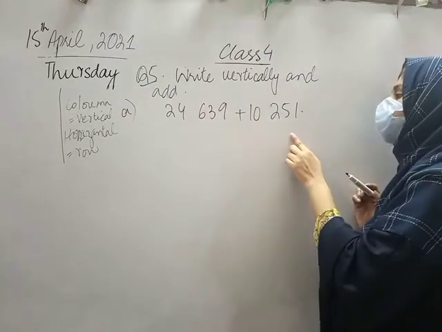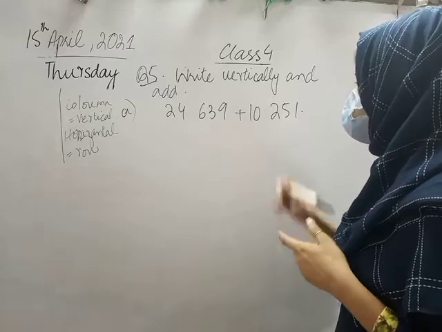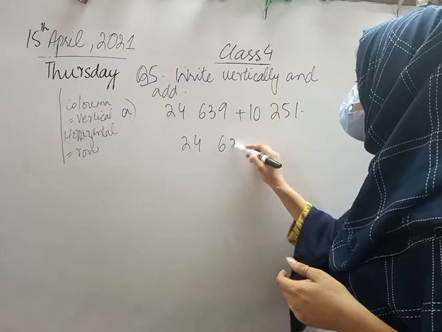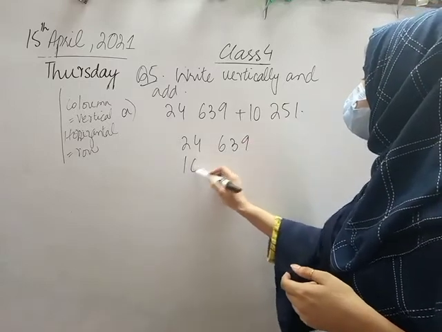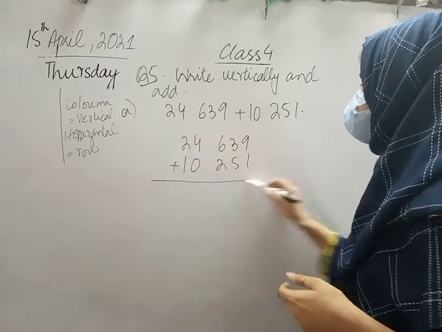So this is row wise. Now according to the statement I am going to write first in vertical form, which is 24,639 and 10,251.